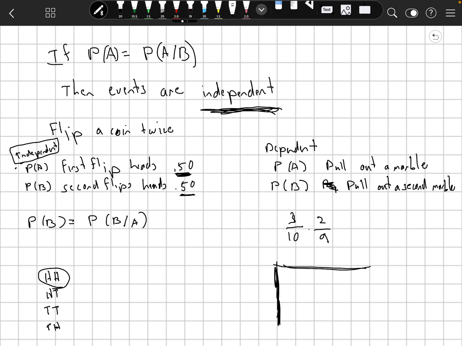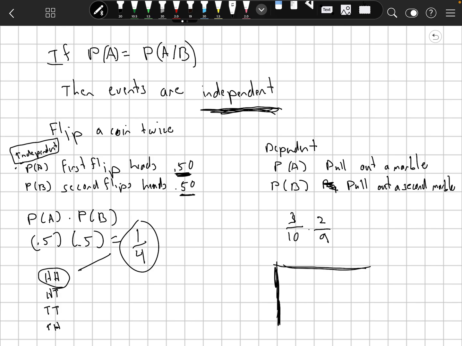And if that's the case, all we have to do is multiply the probability of A by the probability of B. The probability of A is 0.5, and the probability of B is 0.5. A half times a half is a fourth, and there's your answer. It's a 1/4 chance of getting 2 heads. So that's an example of independent events. The first event doesn't have any bearing on the second event.